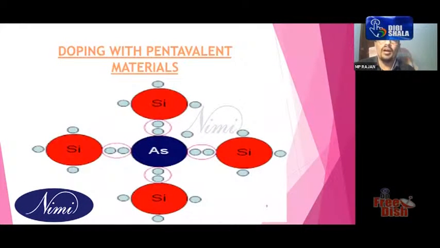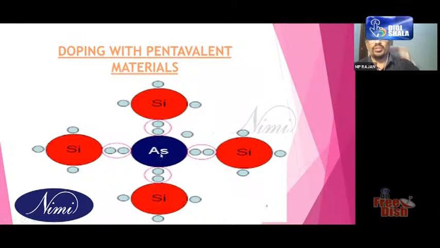Now come to the doping. Now I said it is electrically neutral. Now if you add some other material, which is called doping, having a different atomic number, let us see what that is. So these are the silicon atoms. We are adding a pentavalent material which is called arsenic.